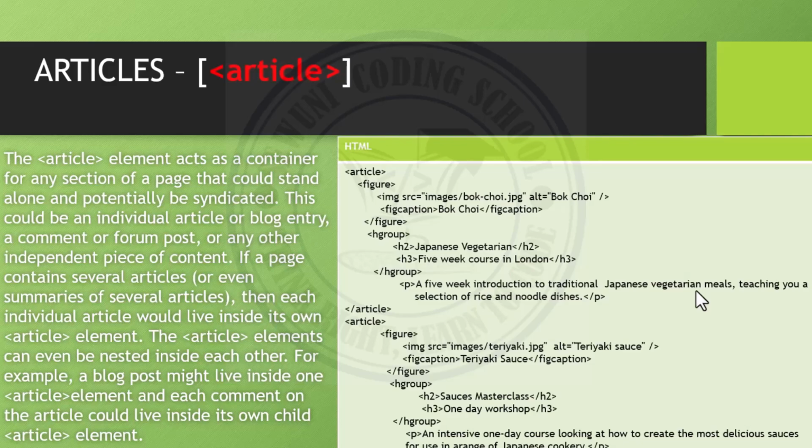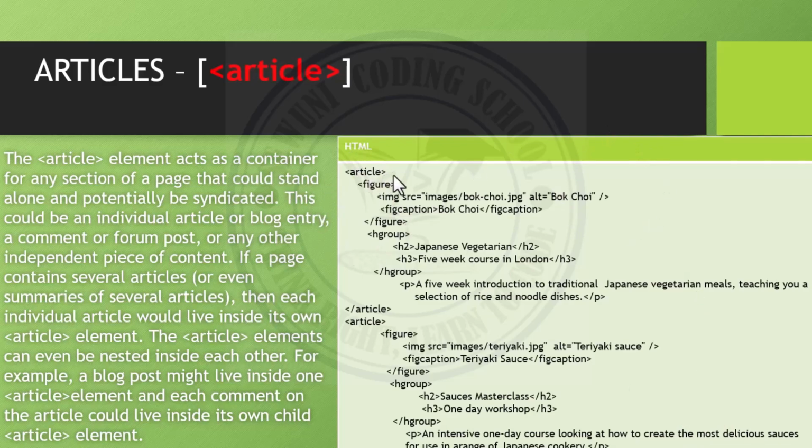If you want any specific styles, then you can include your IDs and your classes. Now the article elements can also be nested inside each other. For example, a blog post might live inside another article element, and each comment on the article could live inside its own child element. So this is an example of what I actually mean.